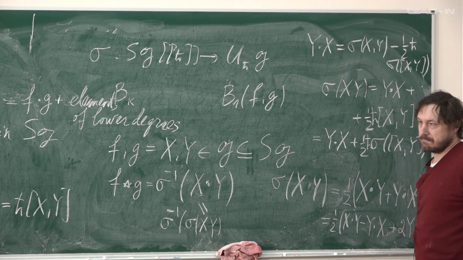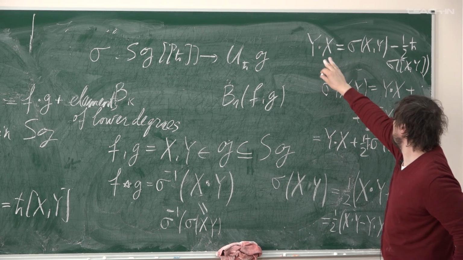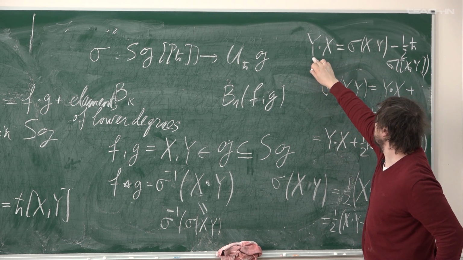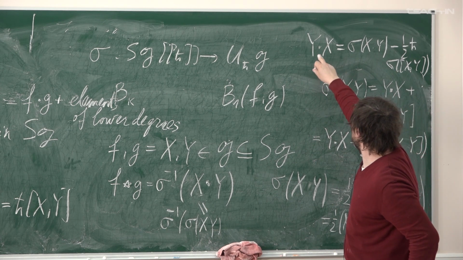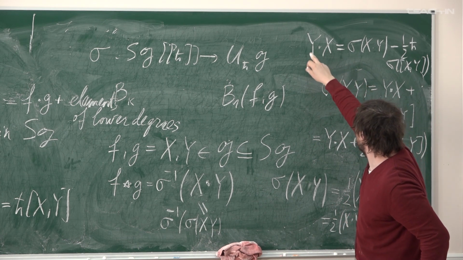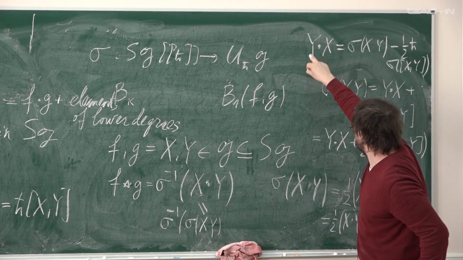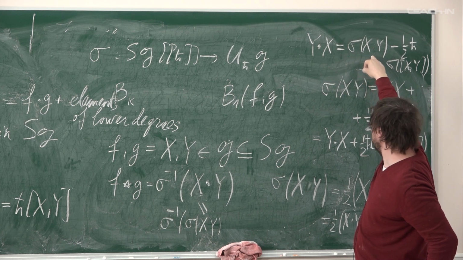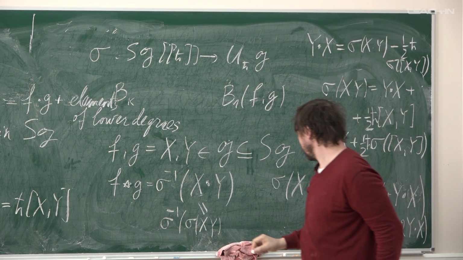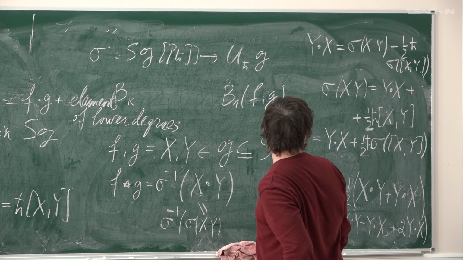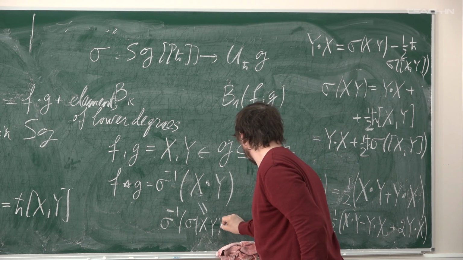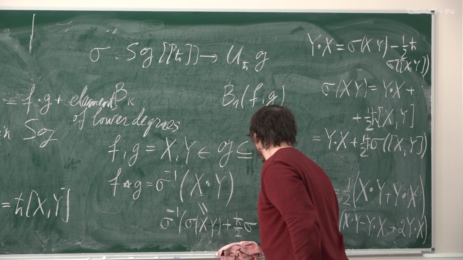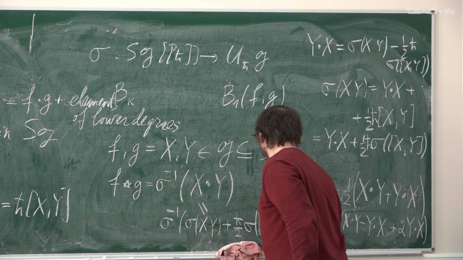So I just change the order. Change the order of y and x, and I have that y dot x, just what we have here, is equal to sigma of xy plus h bar divided by 2 sigma of the commutator x and y.